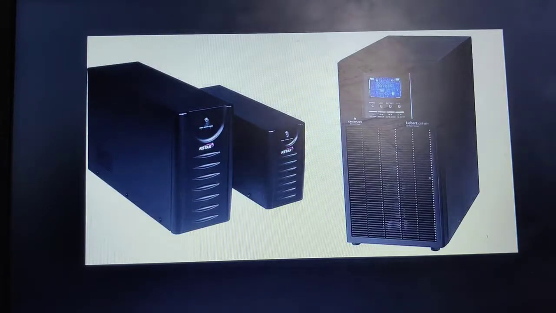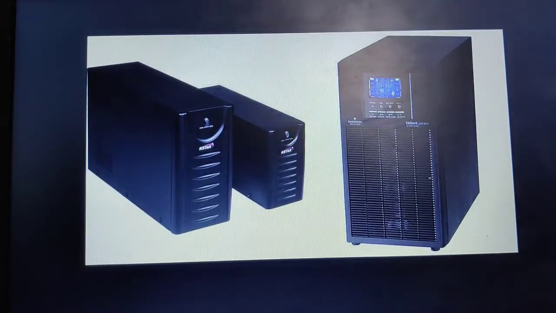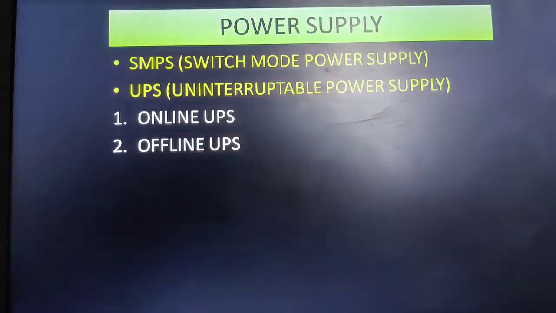You will not even need to save your data. So let us discuss the types of UPS, that is the online UPS and the offline UPS.